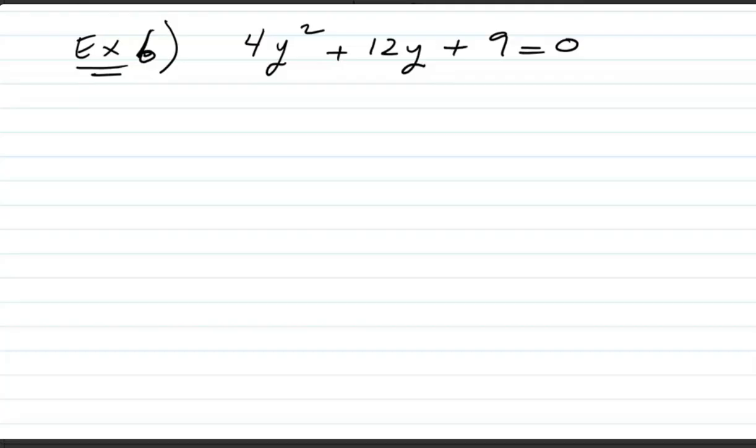Now in this case you may want to do either the column factoring, or you can do the freestyle factoring. Whatever you decide to do, it doesn't matter. So 2y and 2y will give you 4y squared, and then because you have the 9 in there, this is the 9 constant term.